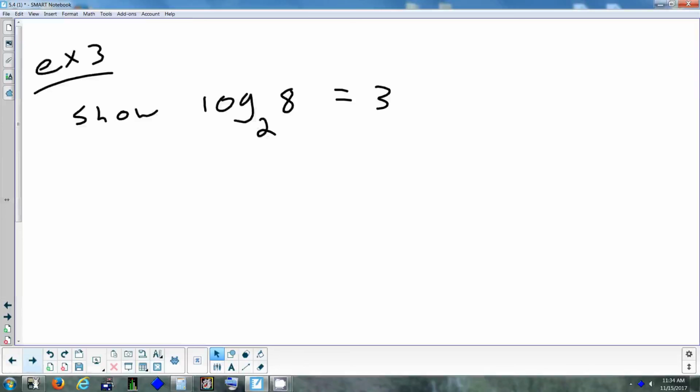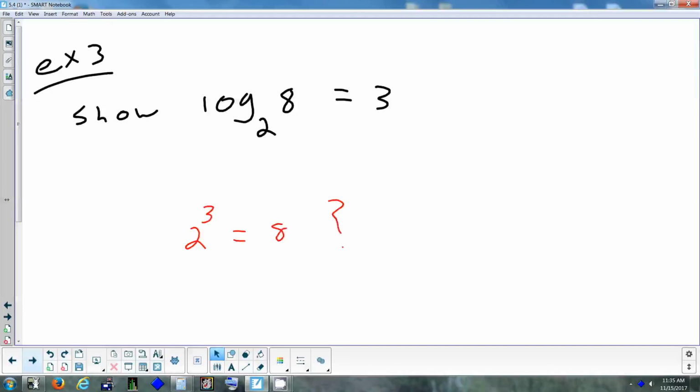Josie, what's my base here? 2. Yep. Base is 2. Braden, what about my exponent? 3. Right, logarithm always equals the exponent. And Brandon, what's the only thing I have left that I haven't used? 8.